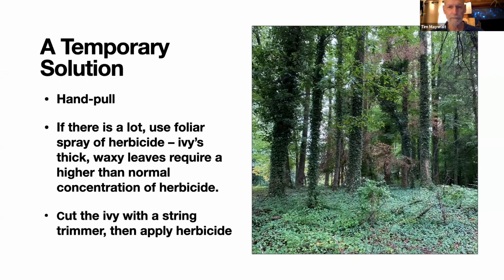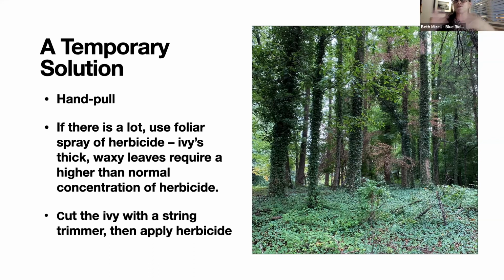Yes. And then also keep in mind that if there's a lot of the invasive vines on the ground, in particular ivy, taking it off the tree is a temporary solution, as Tim mentioned.